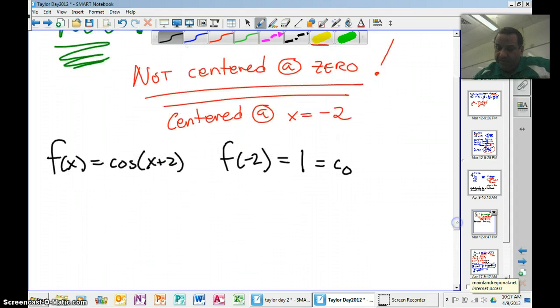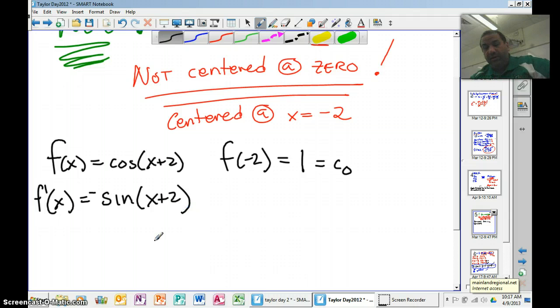Then the next one is the derivative of f of x, which is negative sine, my bad, of x plus 2. Remember that it would be negative sine times the derivative of the inside, and the derivative of x plus 2 is just 1. So we're okay with the chain rule here.